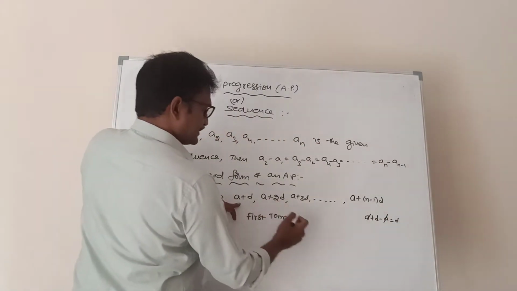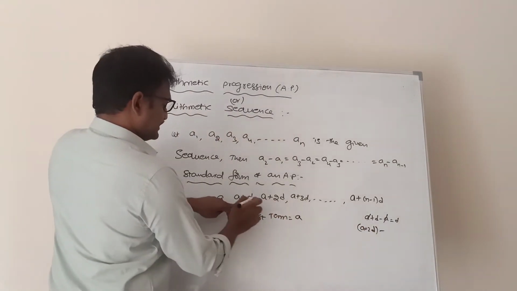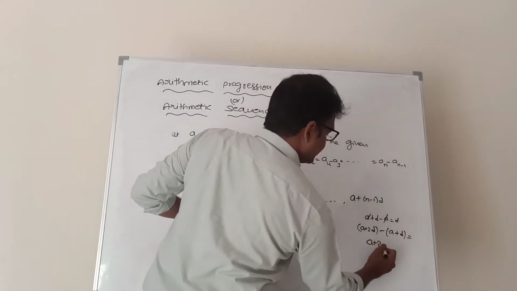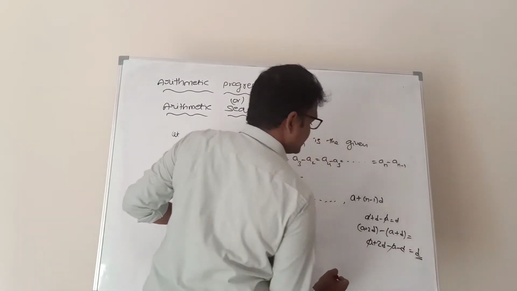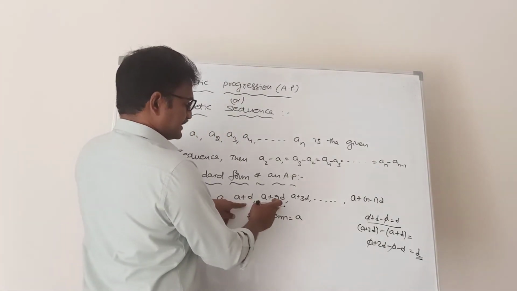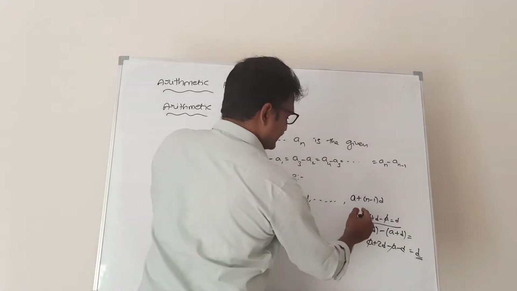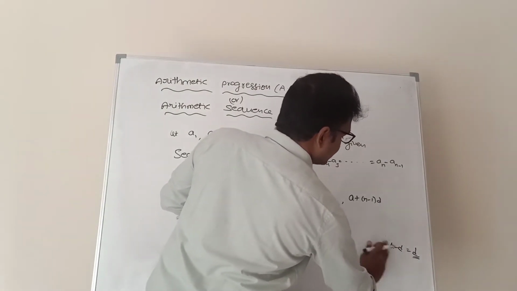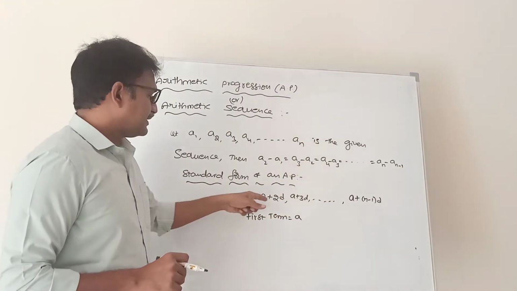Similarly, A plus 2D minus A plus D is A plus 2D minus A minus D, A minus A gets cancelled, 2D minus D is D. The difference between first and second term is D, between second and third is D, and similarly between third and fourth is D. That means the common difference is the same between two consecutive terms. Therefore, this sequence denotes the standard form of an AP.